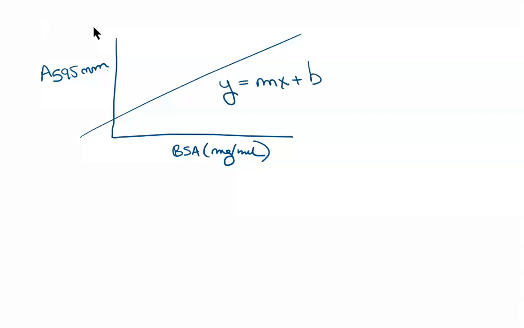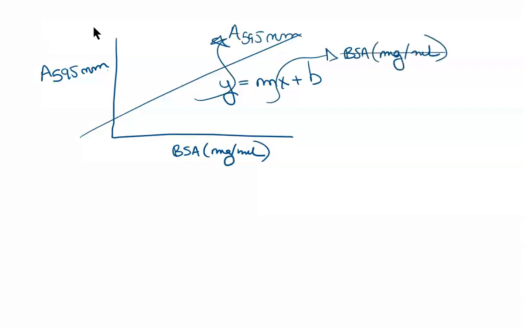Let's look at what we have on our y-axis. It's the absorbance, and on our x-axis, we have BSA concentration. Now, we could just take this to be protein concentration in units of mg per mL.